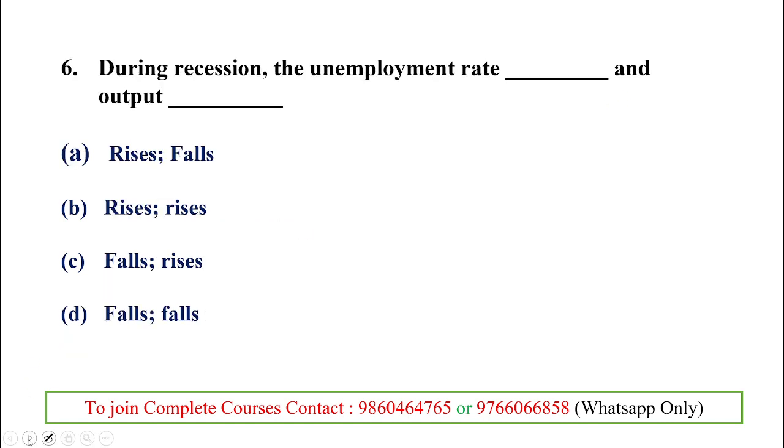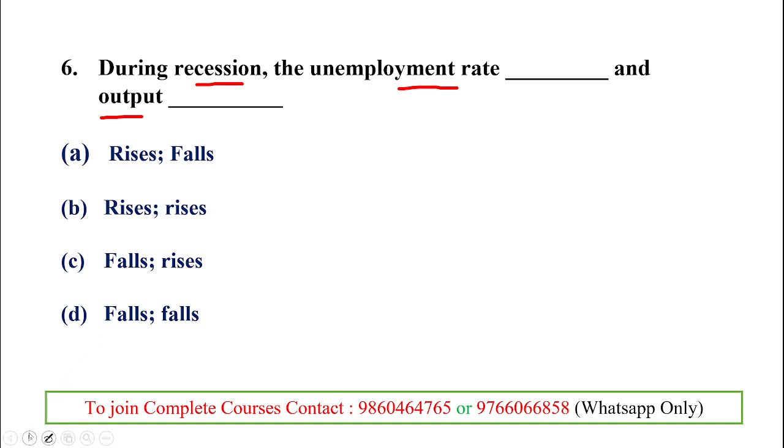Next question. During recession. A recession period is a period of low economic growth. So during recession, what about the unemployment rate and what about the output? Whether it rises or falls, or rises and rises, or falls and rises, or falls and falls.